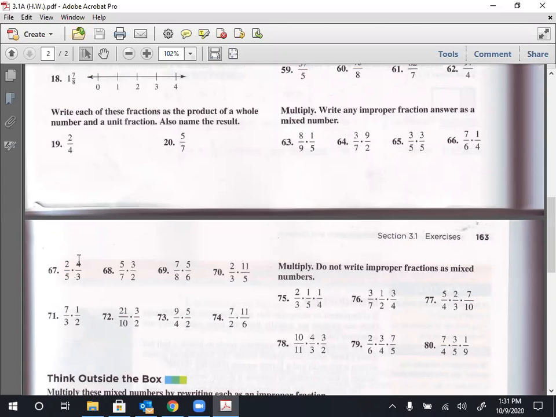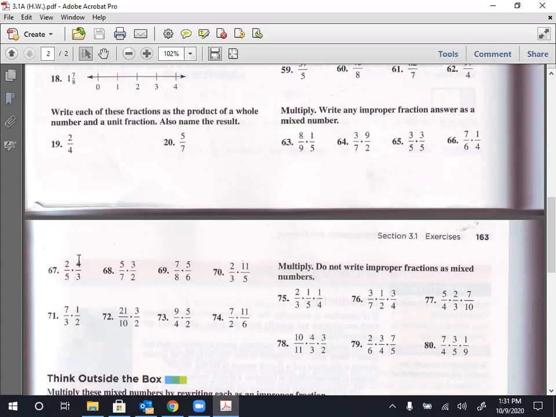Now, when you get to 75 to 80, you're going to do exactly the same thing, only you have 3 numbers instead of 2. And it says do not write improper fractions as mixed numbers. So after you multiply, you get to stop.